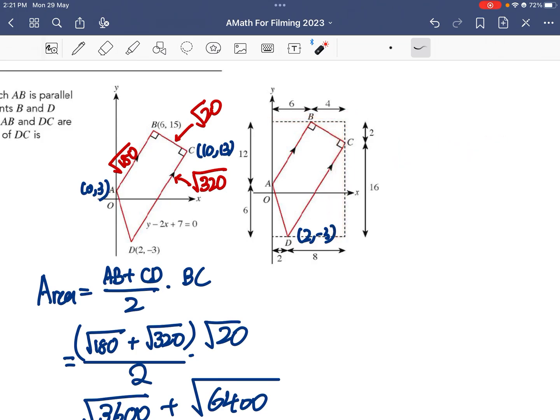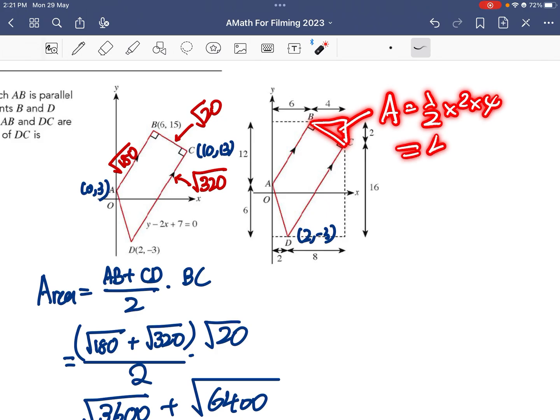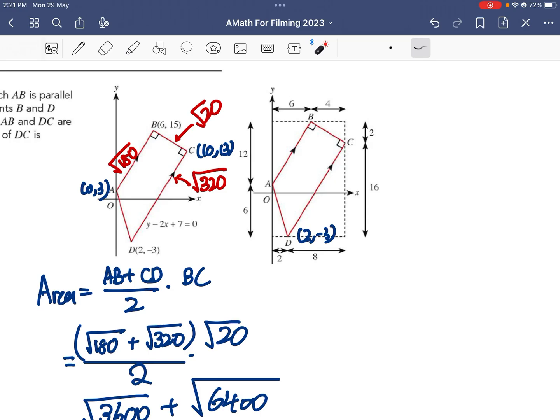So 10 times 18 is 180 units square. Now what I can do is to figure out each of the different triangles. For example, this triangle over here is half times 12 times 6. So this triangle here is worth 36 units square. This triangle, 2 and 4, the area is half times 2 times 4. This is 4 units square.